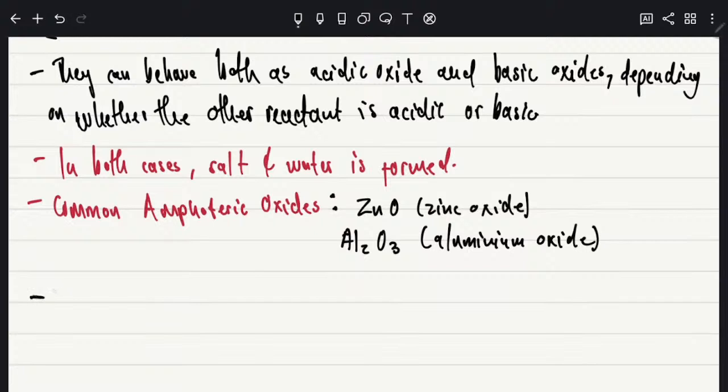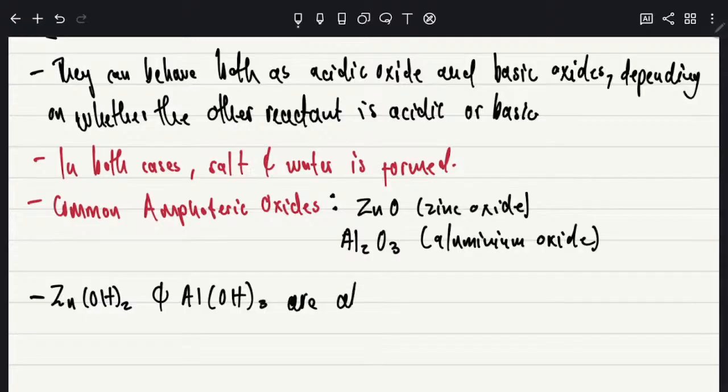I want you to know that zinc hydroxide and aluminium hydroxide are also amphoteric hydroxides.